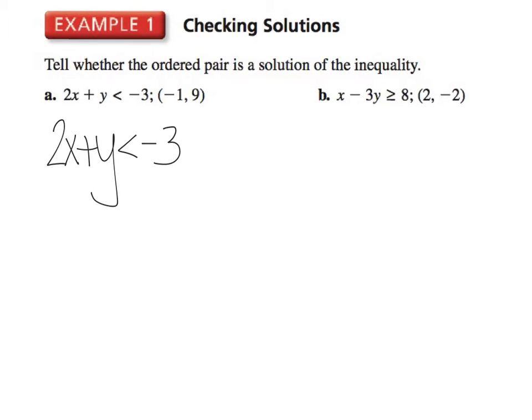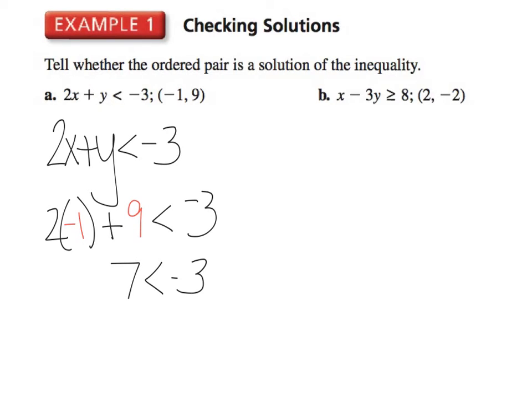If we plug in the value of x and y, that gives us 9 minus 2, which is 7, is less than negative 3. That is not true. 7 is not less than negative 3. Therefore, this is not a solution. Now, if you want to try the next one on your own, you can. Otherwise, you can skip ahead.